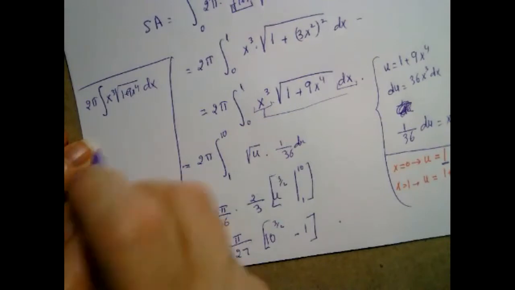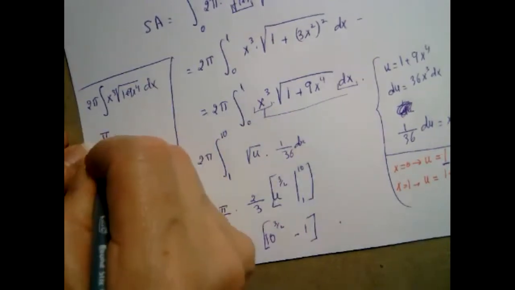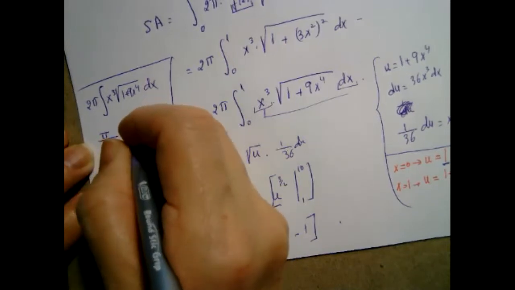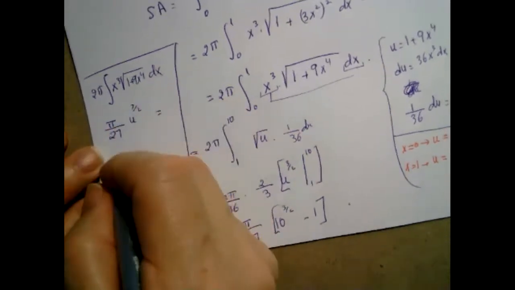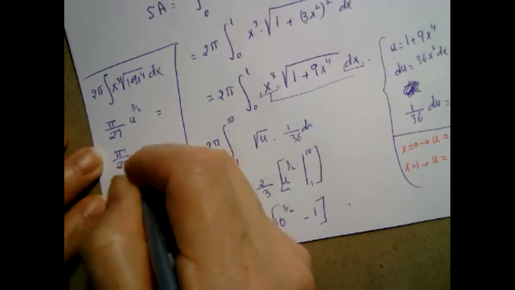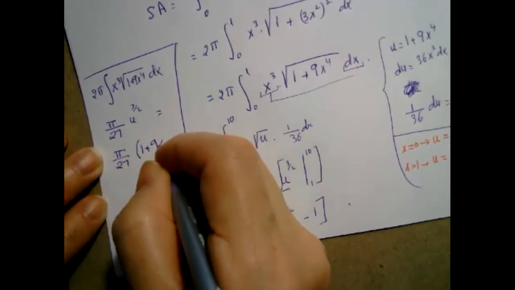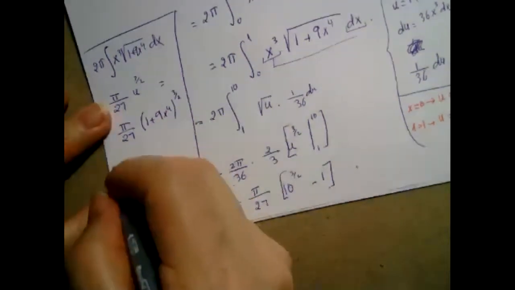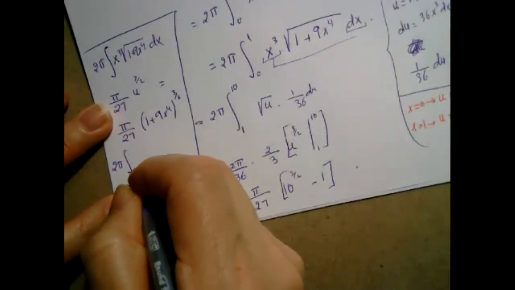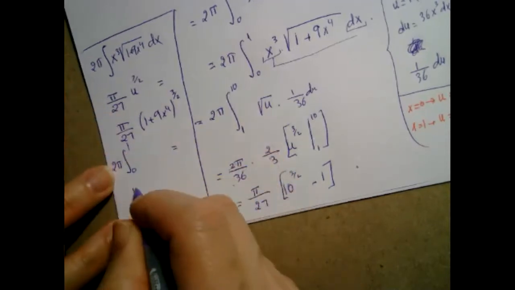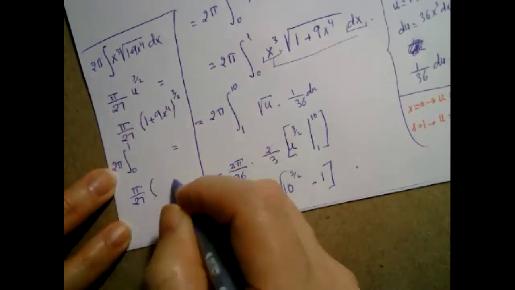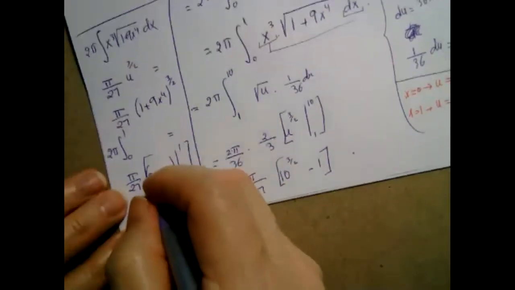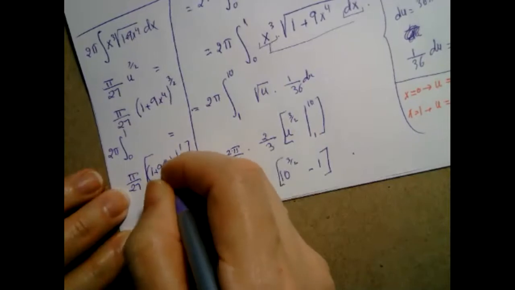And then you end up with pi over 27, if you do it correctly, u to the power 3 halves. You go back to the original variable. Okay, and then the definite integral from 0 to 1 will be equal to pi over 27 between 0 and 1 of 1 plus 9x^4 to the power 3 halves.